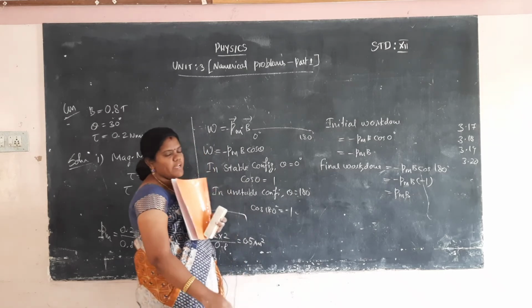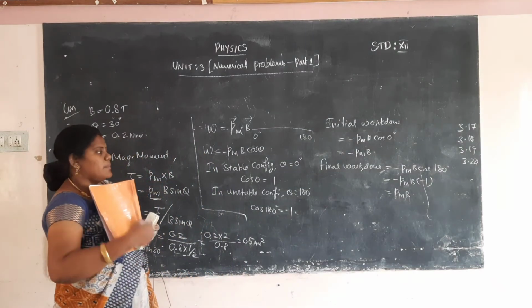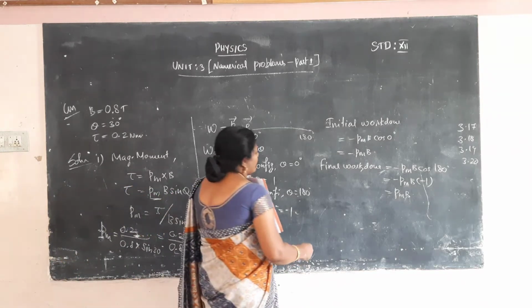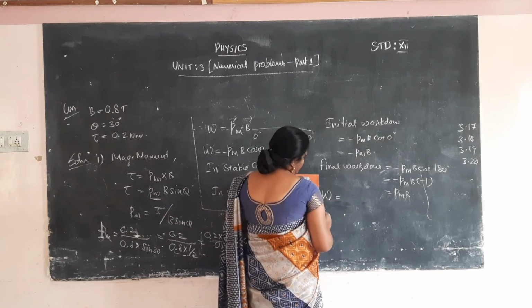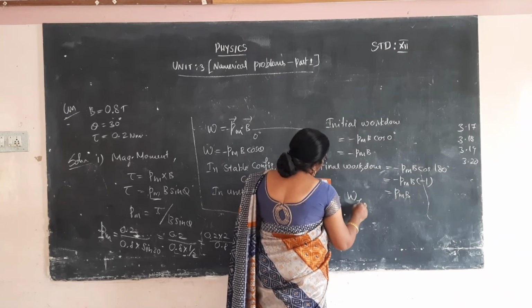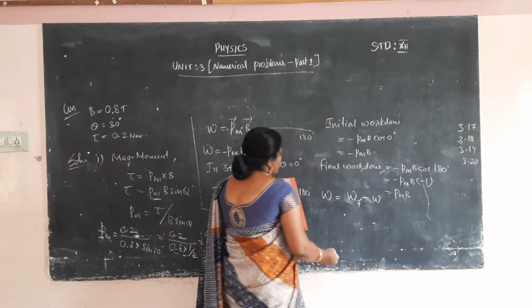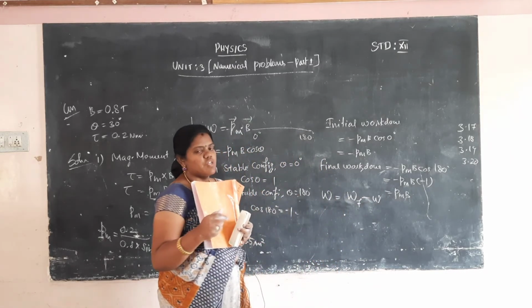We want to calculate the work done from the stable configuration to the unstable configuration. So total work done is equal to final work done minus initial work done. Strictly, it should be mentioned as potential energy.